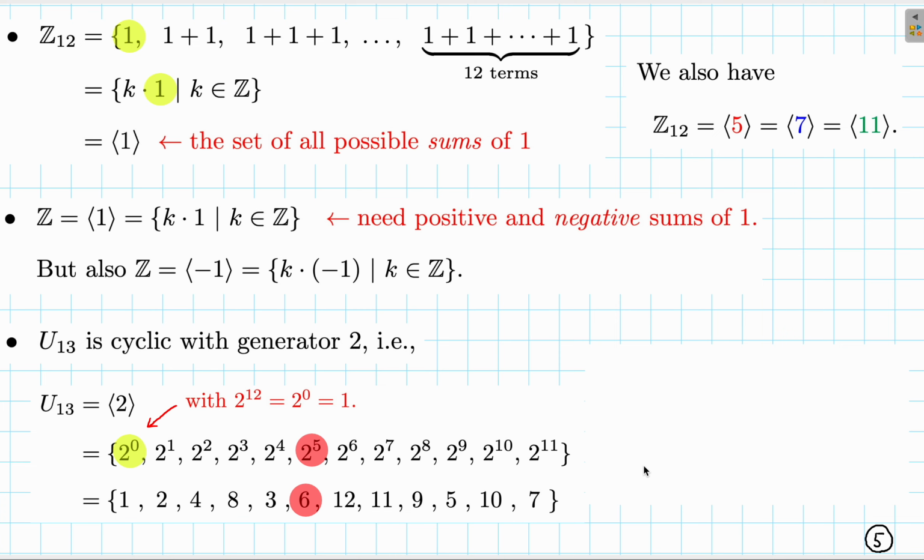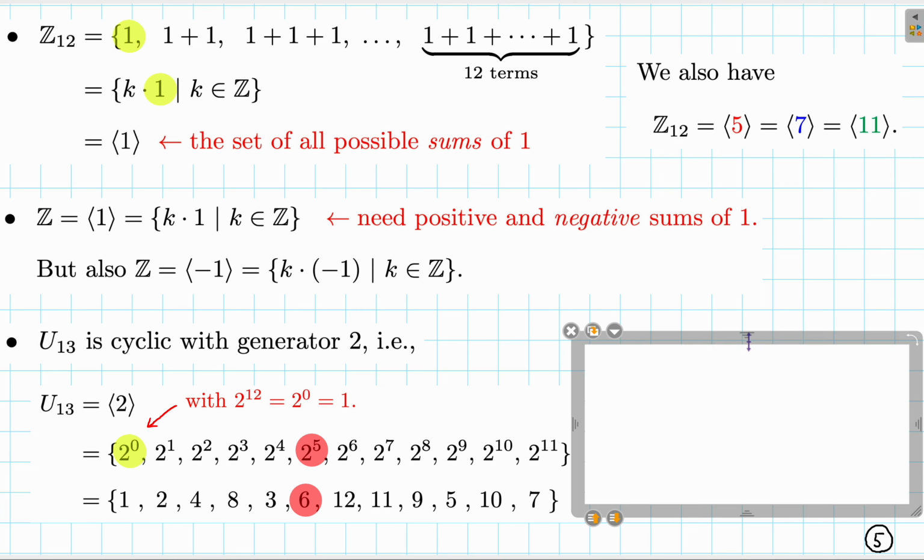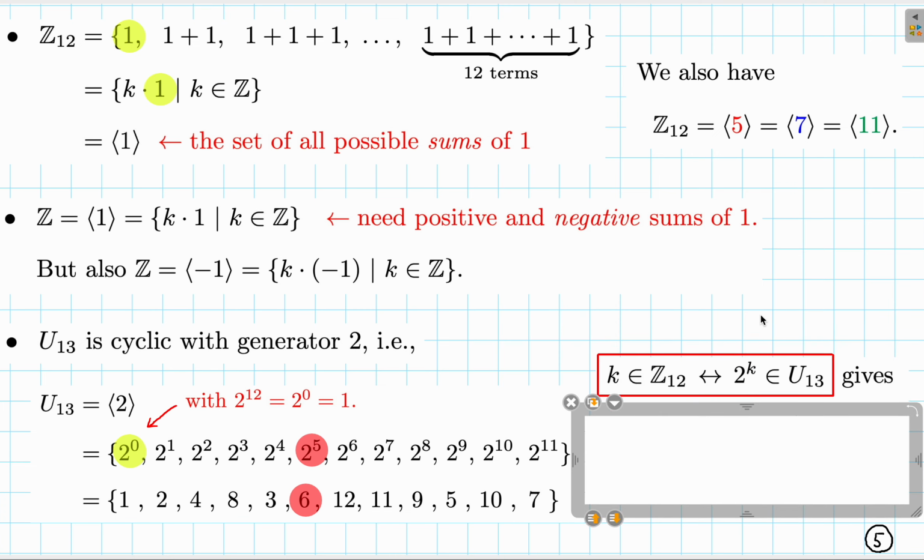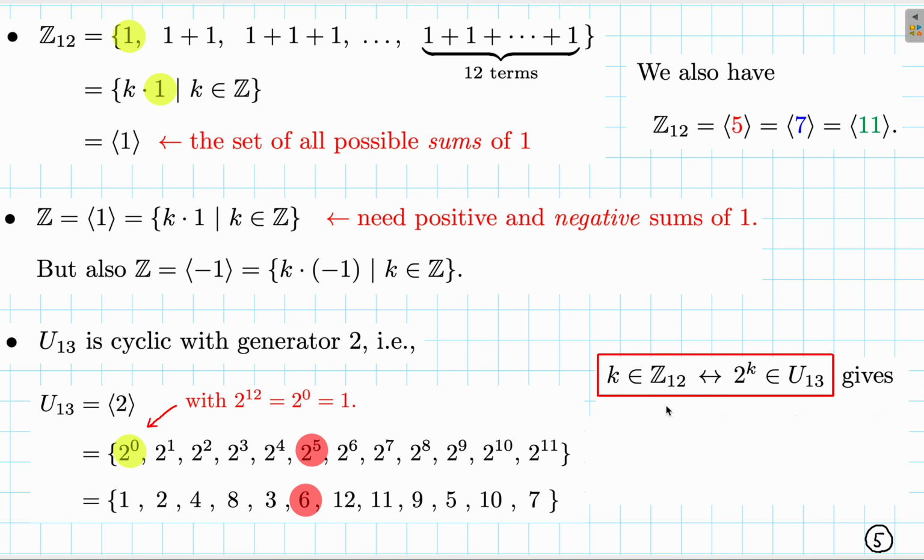And to illustrate that, I will highlight this correspondence that we've seen between the additive group Z12 and the multiplicative group U13, where an element k in Z12 corresponds to 2 to the k in U13. So for instance, 5 in Z12 would correspond with 2 to the 5 in U13.